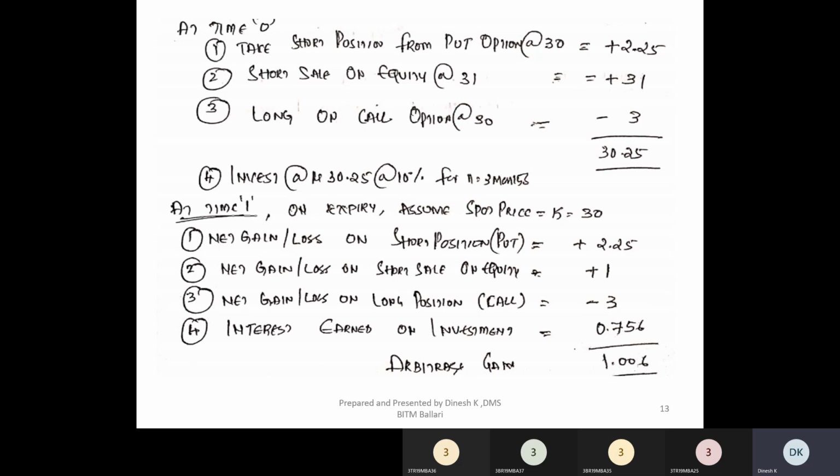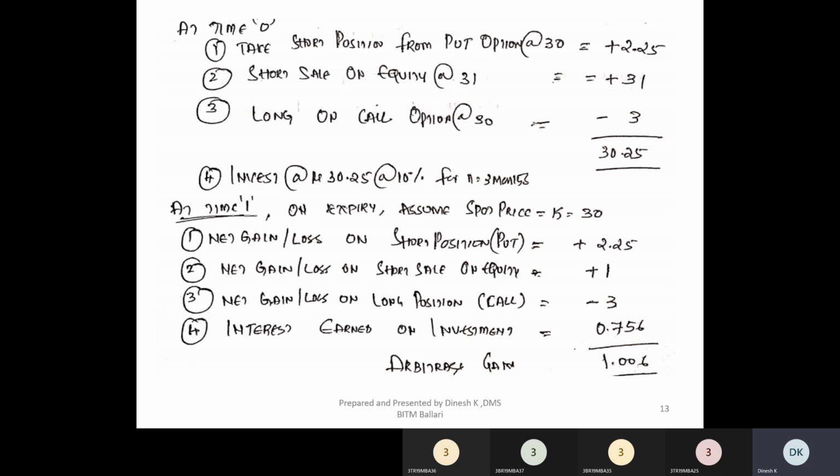Now let's evaluate our positions. The first decision we have taken is a short position on a put option, where you have an obligation to buy at rupees 30, for which you have received 2.25 rupees. Now the market price is also 30, as we are assuming the spot price on the date of the 3 month expiry is 30.